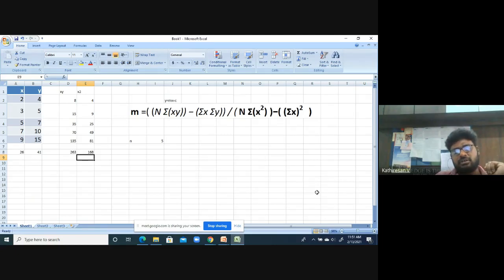Once you have found m, you can identify c also. Once you have found m and c, you can do the prediction and help Sam. The number of ice creams that will be sold tomorrow, that you can do.